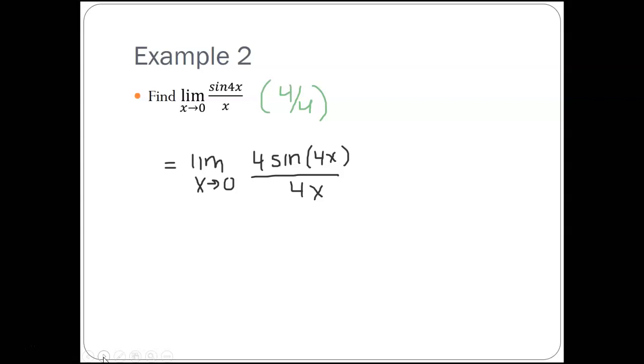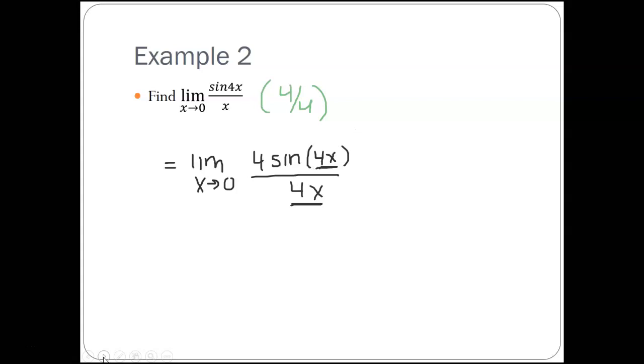As long as the coefficient of the inside x matches the denominator's coefficient on x, then the limit as x approaches 0 of that sine 4x over 4x follows our rule and becomes 1.